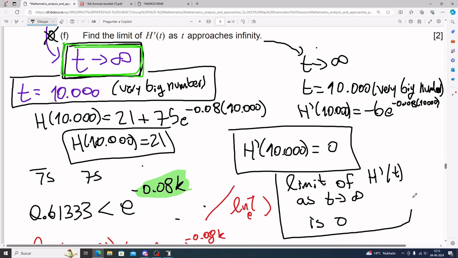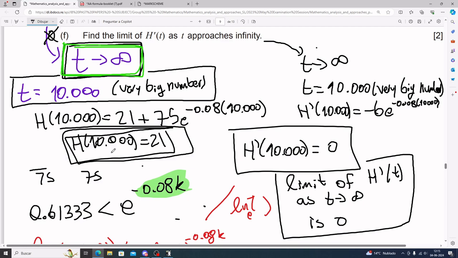Okay? So basically, just to further expand on this, I did mention earlier that when you have the derivative function, you're now finding slopes. And we also mentioned earlier that in the original function, you would always get 21, whether you plugged in 10,000 or 1,000. The room temperature is 21.